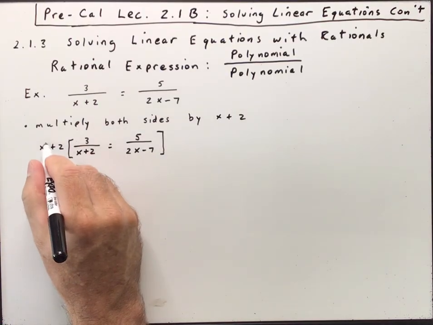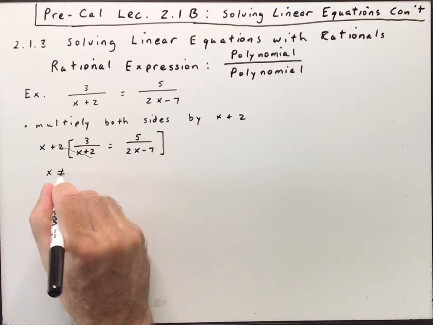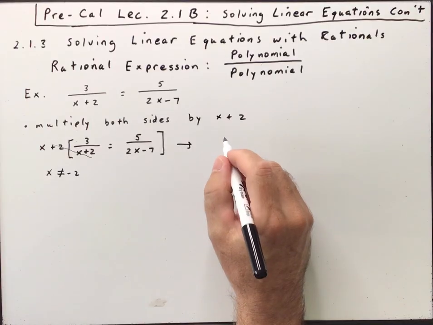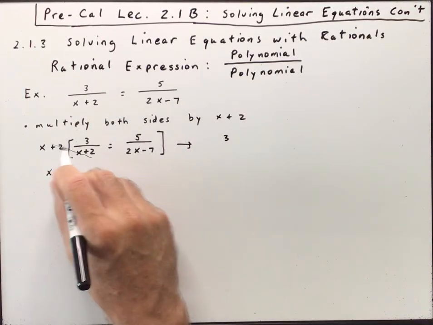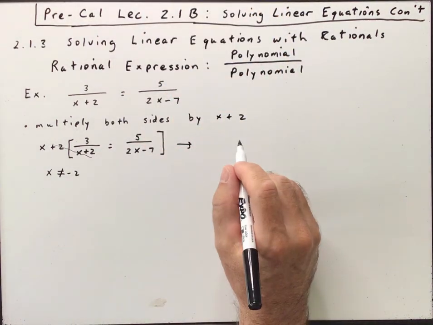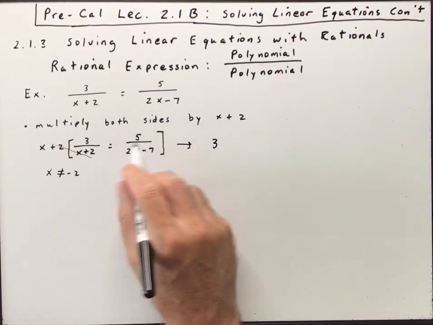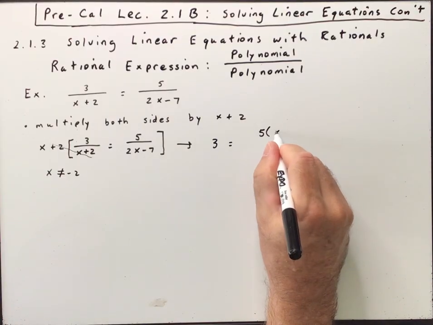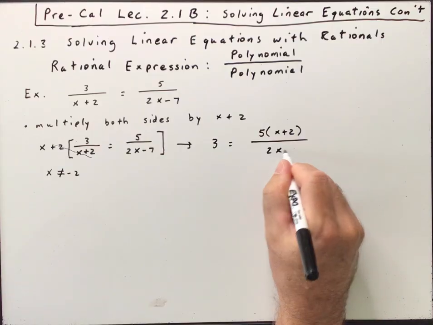Okay, the x plus 2's will cancel out as long as x does not equal negative 2. And then all you would have is a 3 left on the left side. And then on the right side, we have to multiply the 5 by x plus 2 over 2x minus 7.